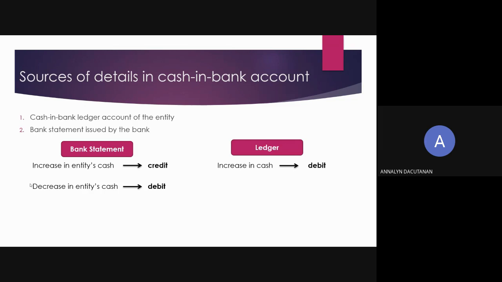Another example, if bumili ka ng computer for the company, ano ang entry? Debit, computer, ibig sabihin, may pumasok na computer sa'yo, credit, cash. Nabawasan ka ng cash kasi pinambayad mo sa computer. Therefore, kapag naka-credit ang cash mo sa ledger account, it means it decreases your cash.